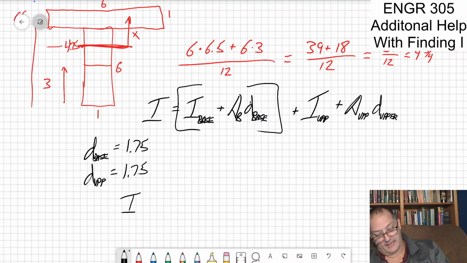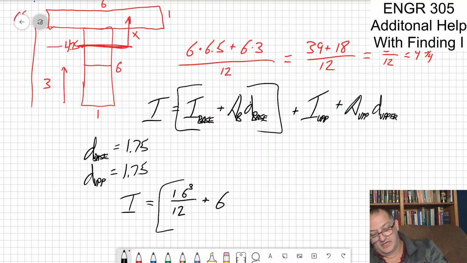Let's just start writing it out. The base is 1, the height is 6 cubed. That's a big number. Divide that by 12, plus the area, which is 6, times the distance. Oh, I forgot a squared: 1.75 squared.